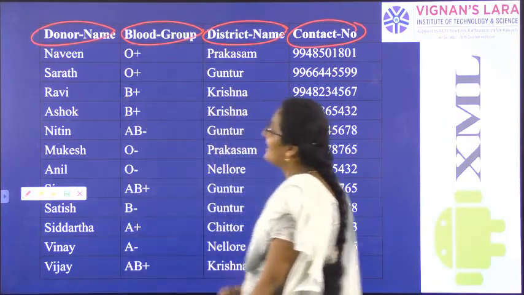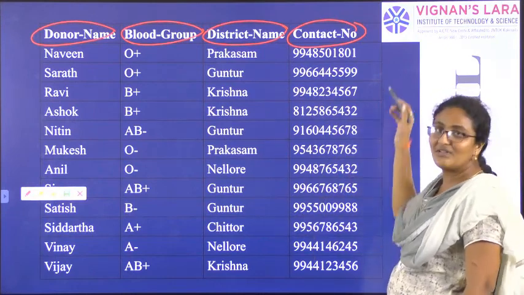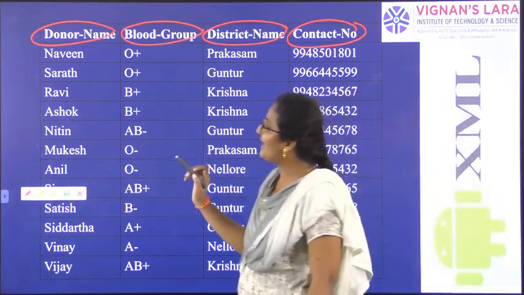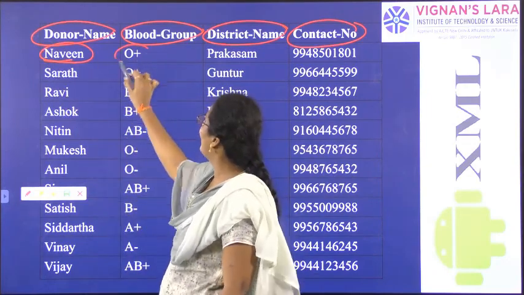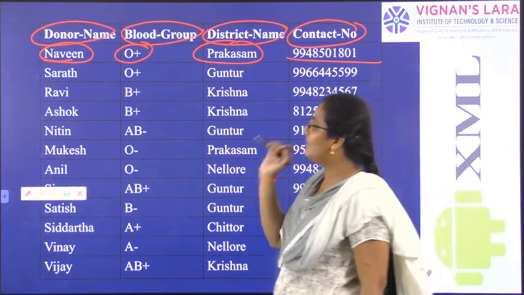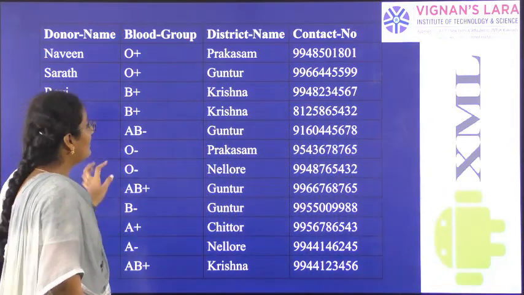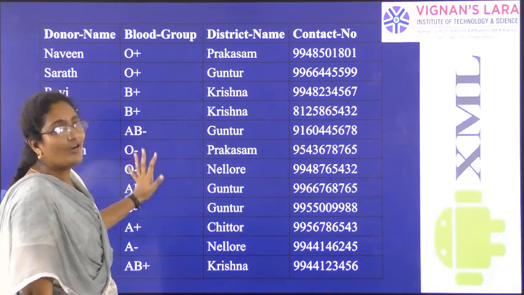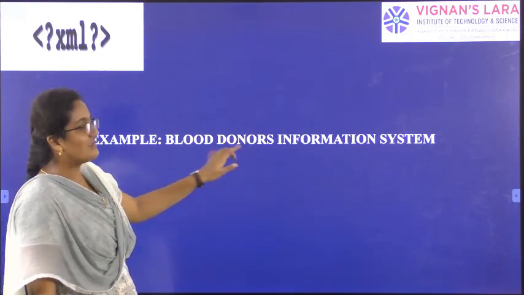So this is the database with different persons with their blood groups, district names and contact numbers. I want to write a program using these. For example, a person Naveen, blood group O positive, from Prakasham district with such and such contact number. With this example we are going to write an XML file. This data is related to the blood donors information system.